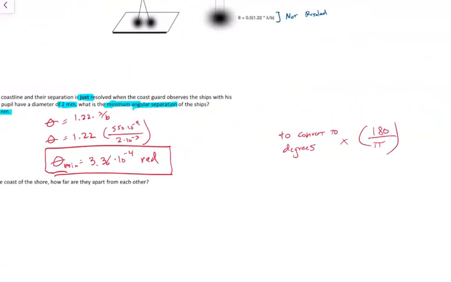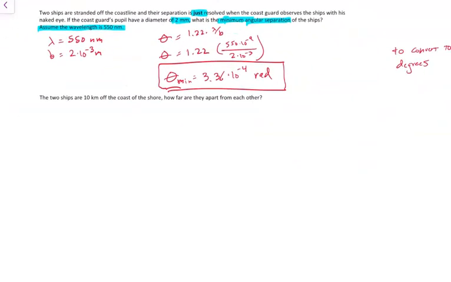All right, the next question says, if these two ships are 10 kilometers off the coast of the shore, how far are they apart from each other? So we have to imagine, here's our eyeball, and these two ships are right here. And so we're looking at them, and that's our distance apart from this. So d is equal to 10 kilometers.